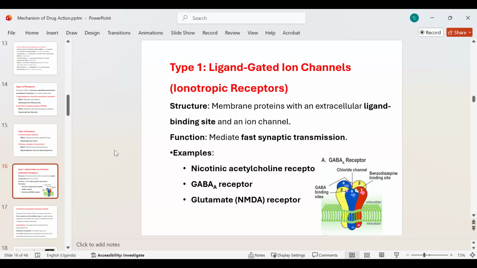There's a glutamate receptor. We normally call them NMDA receptor. The name is very long. You can check and find out what NMDA means.